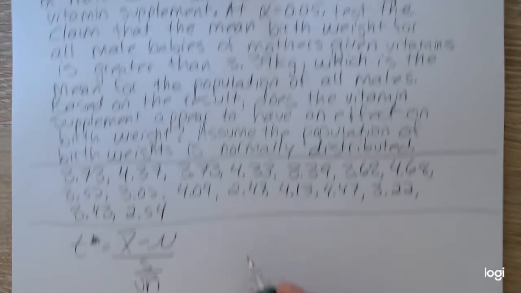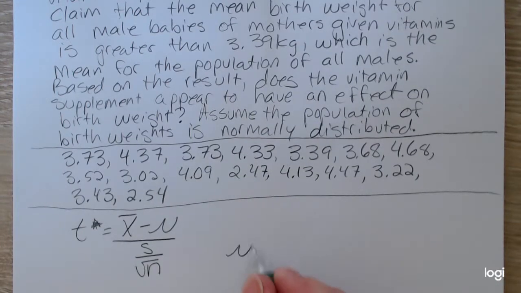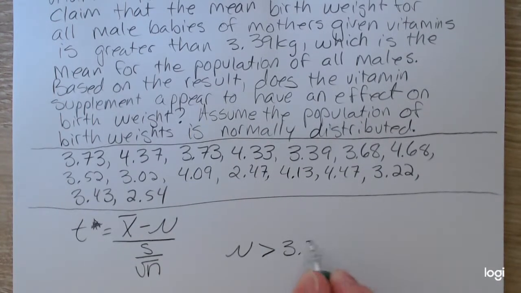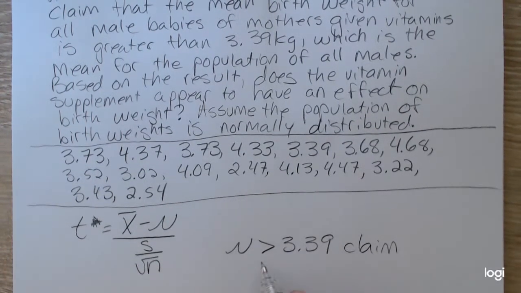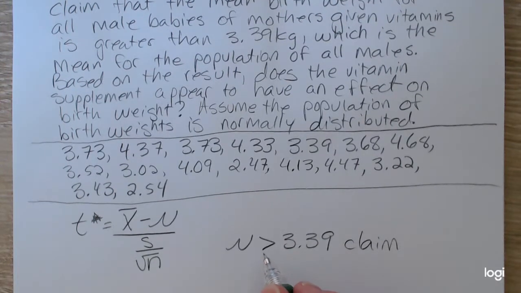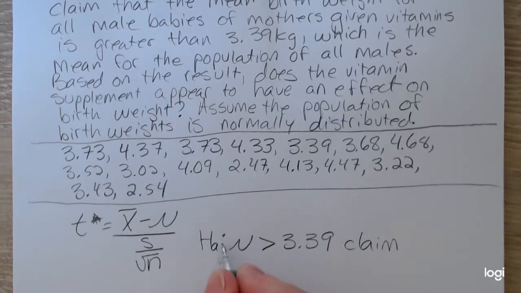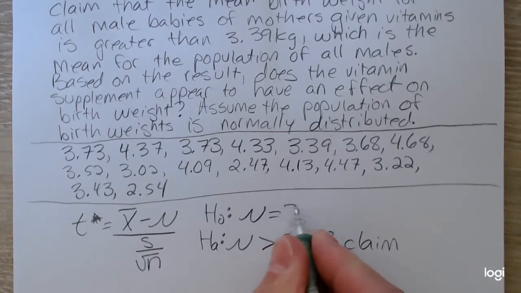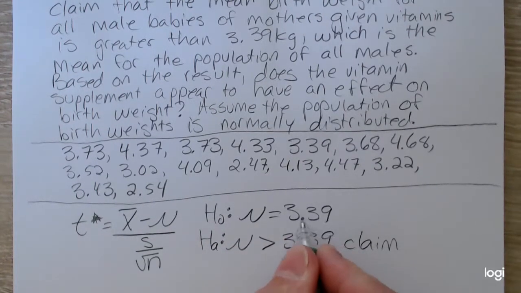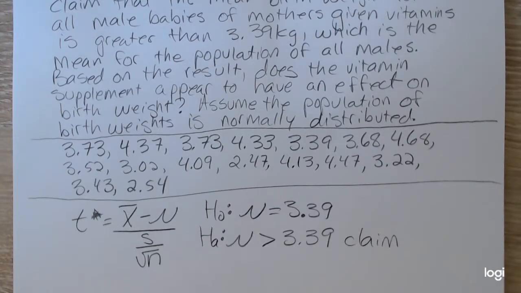So as a mathematical statement, that is mu greater than 3.39. No sense of inequality is implied in that problem. Because it doesn't contain the case of equality, this is the alternative. So it makes the null equal to 3.39. The null always contains the case of equality.